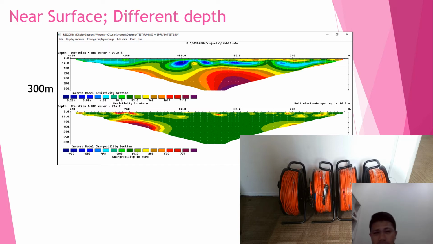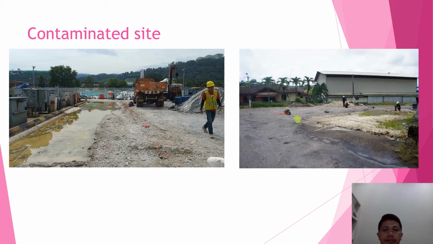So this one maybe is your interest in geothermal system, maybe mineral exploration, something like that. So it depends on your design of survey. The longer you lay the cable, the deeper information you will get.